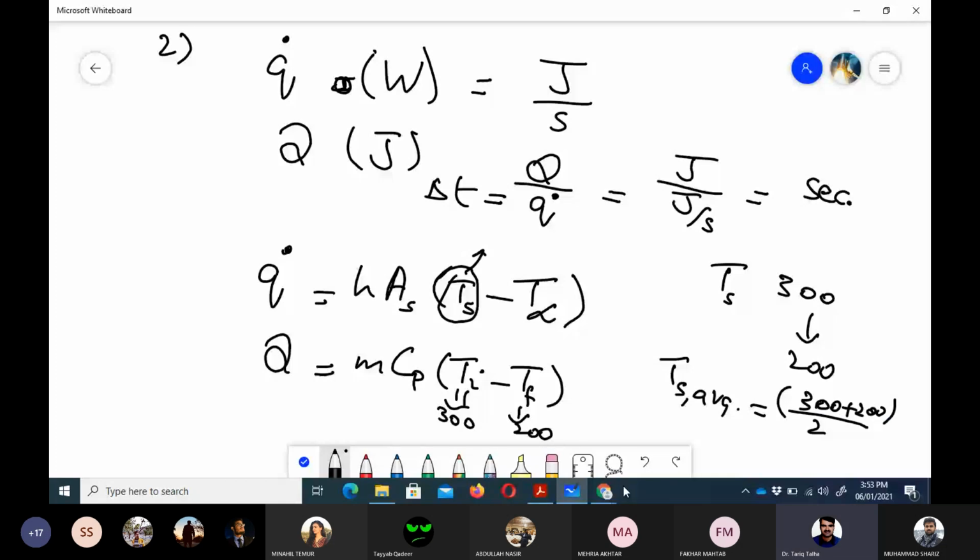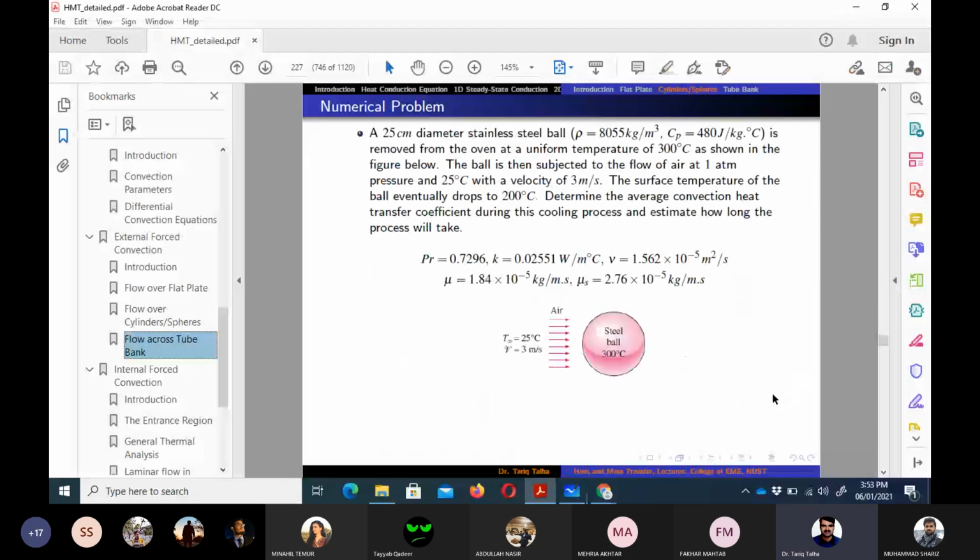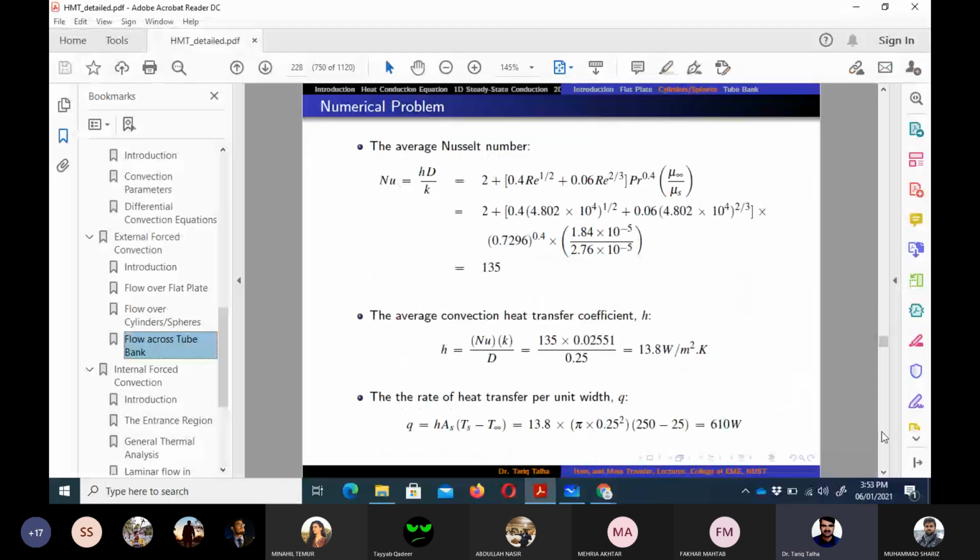I think I must have done this in this example. I'm not sure. Let's see. Okay, you can see here, that is the same thing I have done. First of all, it was As, which is equal to pi d square for the sphere. And then for the value of Ts, I have put 250.